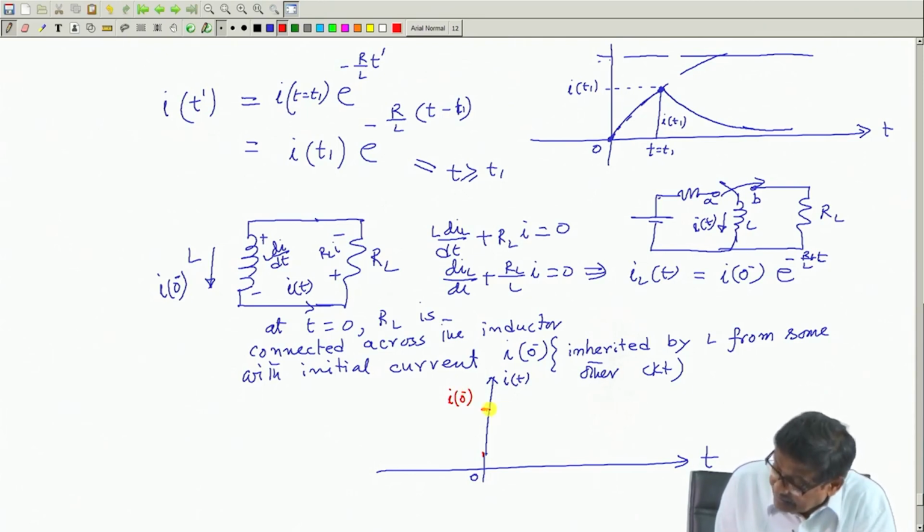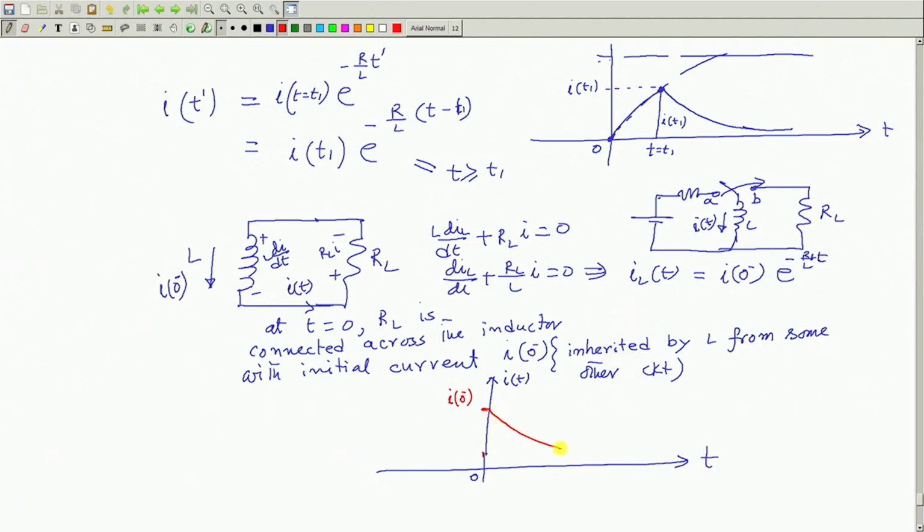Then I say the inductor current was like this, whose equation will be I(0-) into e to the power minus R_L by L into t, an exponential decay. Got the point? And previous to t less than 0, it was this one.